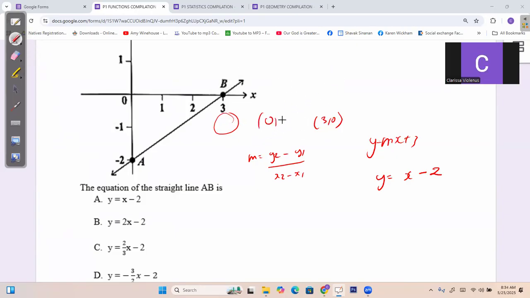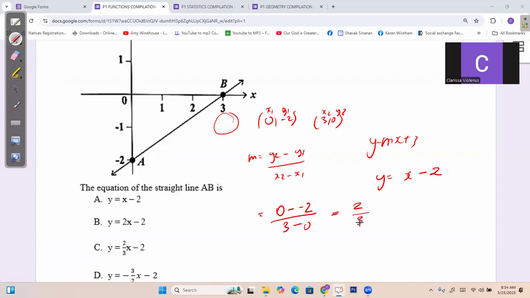The second point is 3, 0. So this will be my x1, y1, x2, y2. So this would therefore become 0 minus negative 2 over 3 minus 0. So this would be 2 over 3.